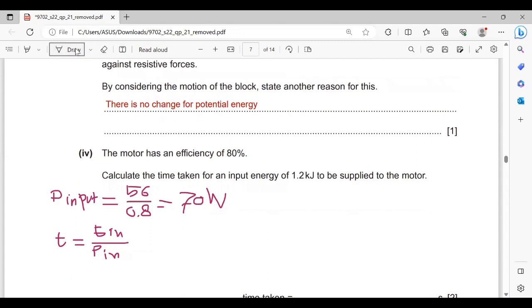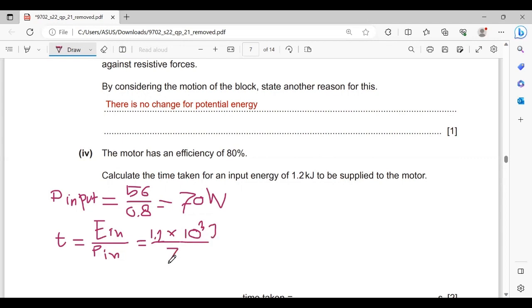This is energy input, 1.2 kilojoule, or 1.2 times 1000 joule, over power input.